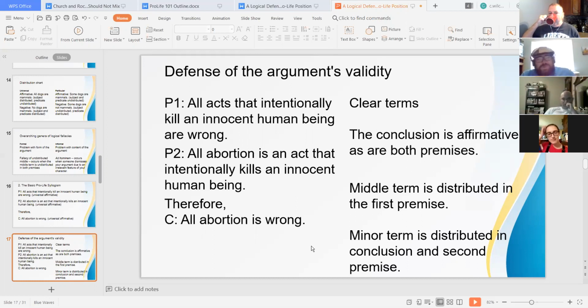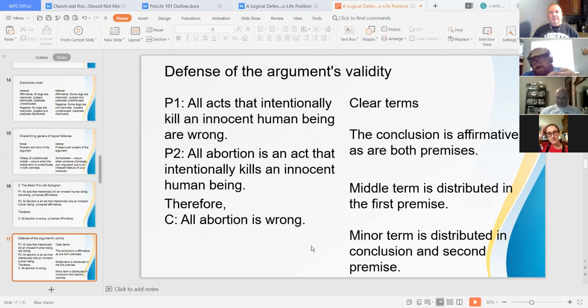Now the middle term, which is acts that intentionally kill an innocent human being, is distributed in the major premise. Now that's kind of a long term, but again, a term can be any length. It's just something that's between the various parts of the statement.